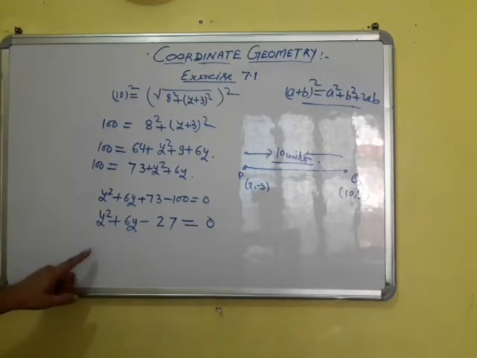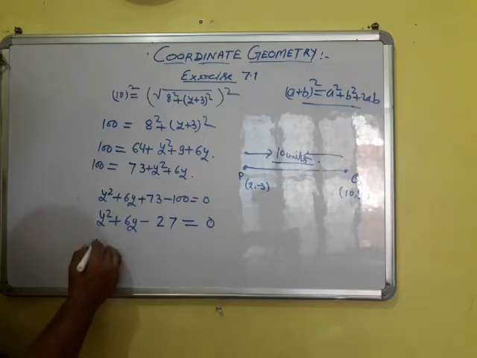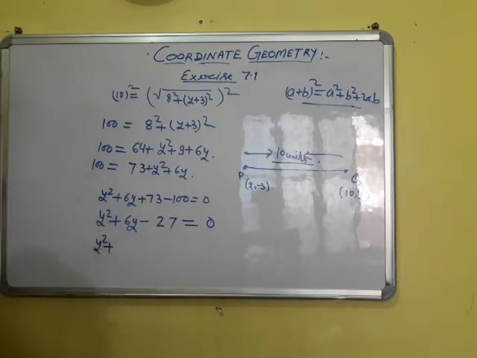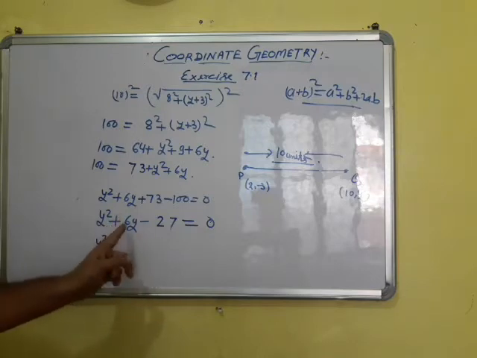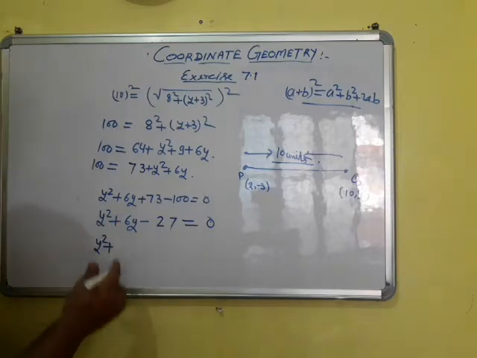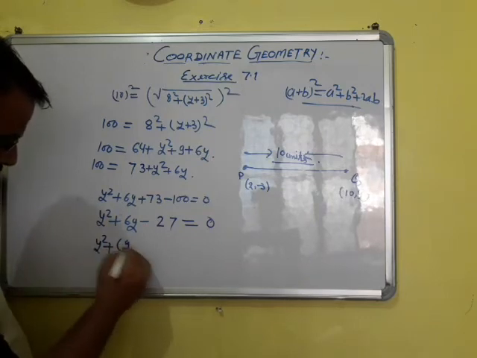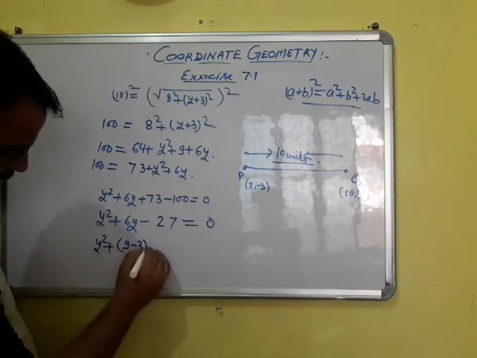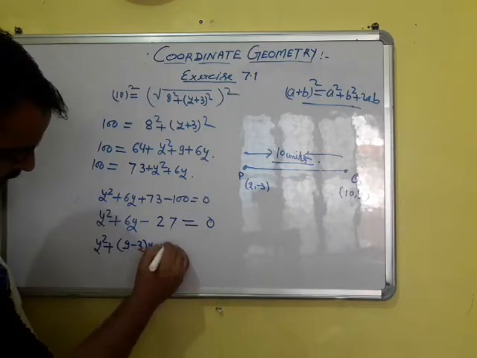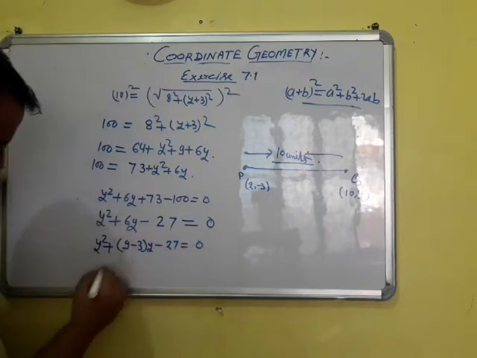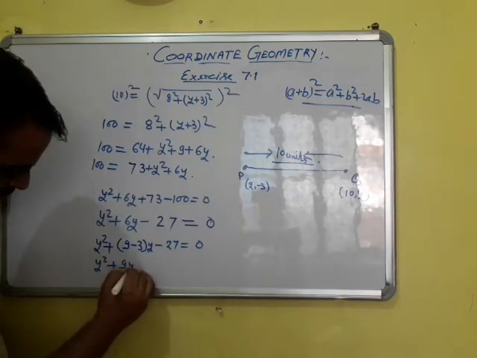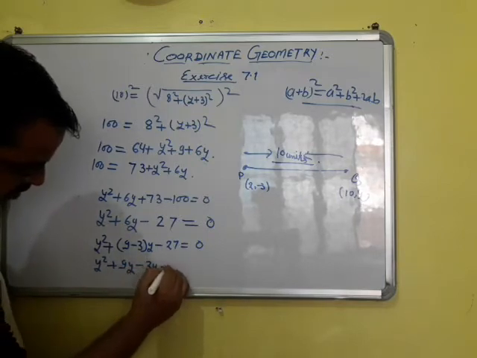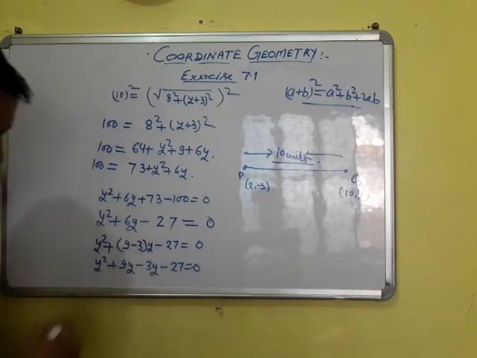So we get y square plus 9y minus 3y minus 27 is equal to 0, since 9 times 3 is 27 and 9 minus 3 is 6. Clear? This one breaks as y square plus 9y minus 3y minus 27 equals 0.